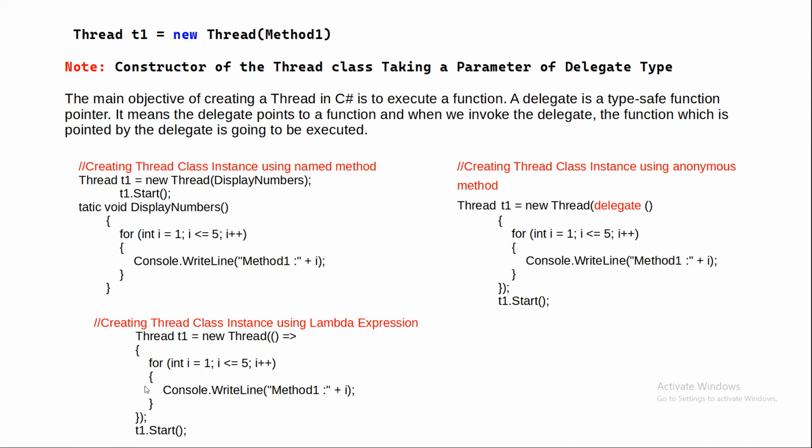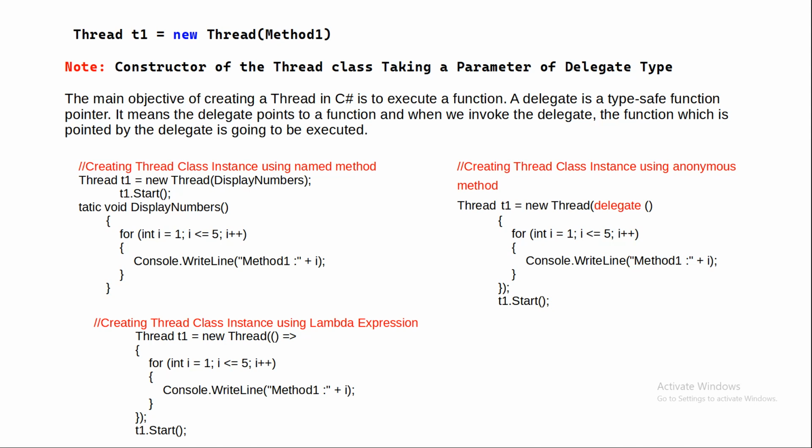Lambda expressions are used whenever you have an opportunity to pass a method for an object reference, that is, whenever you use delegates. What I'm trying to explain here is that all threads use delegates internally, because you are passing a method to the threads.